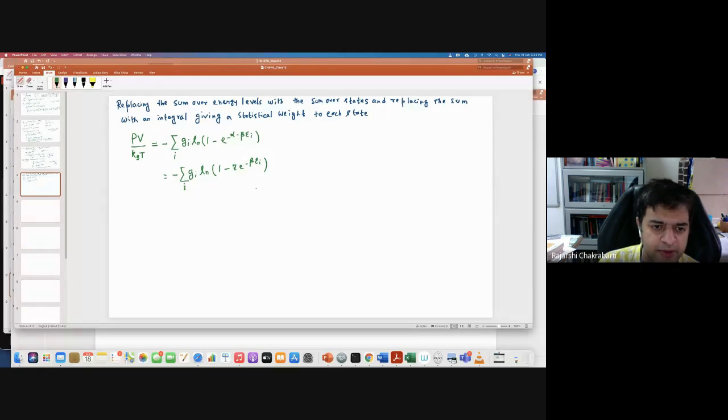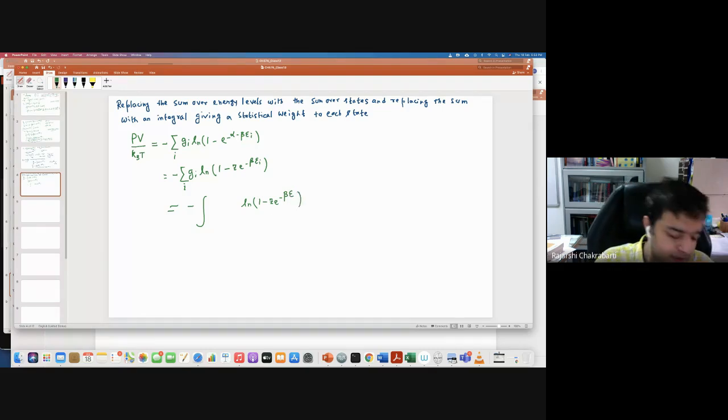And then I am replacing this with an integral. So this is what I'm going to write. I'm going to write an integral. The quantity is something like ln of 1 minus z exponential of minus beta epsilon i. Ideally, I should integrate over epsilon.